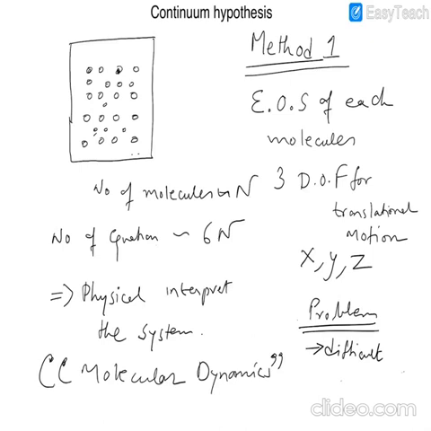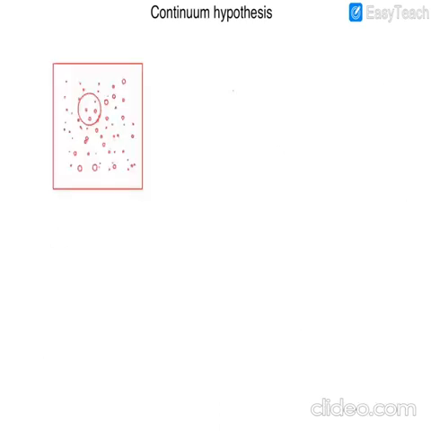That is, the problem is difficult to address for big systems. So this is about method 1. As we saw, for method 1, the method of molecular dynamics, if the number of equations is high, the computation becomes more cumbersome in case of a large system.